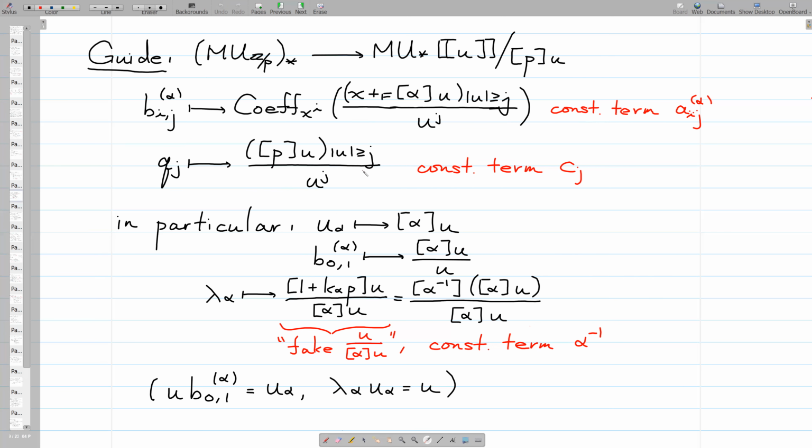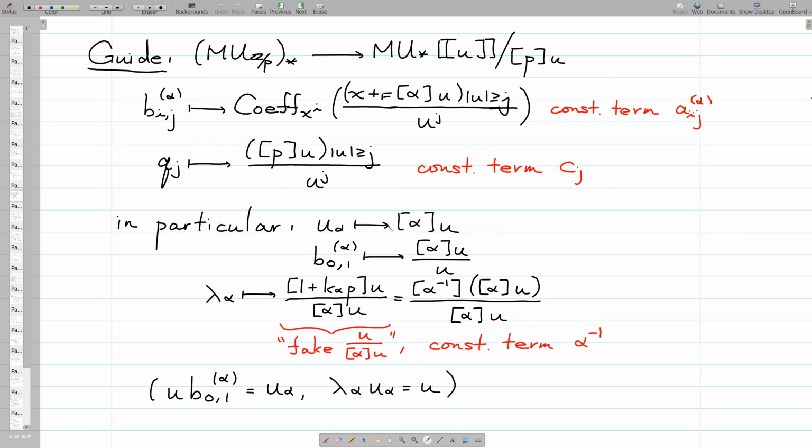And then Qj goes to the part of the P series where U has power at least J, and divide by U^J. So again, this Qj corresponds to the series in here in the Borel cohomology with constant term Cj. That's why for Qj minus Cj we can divide by U once.